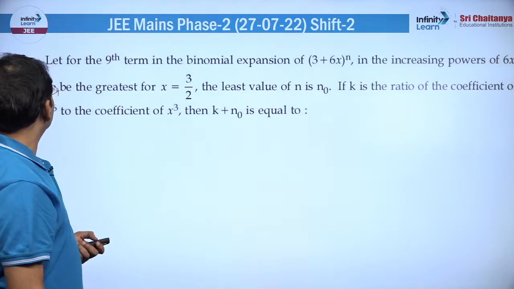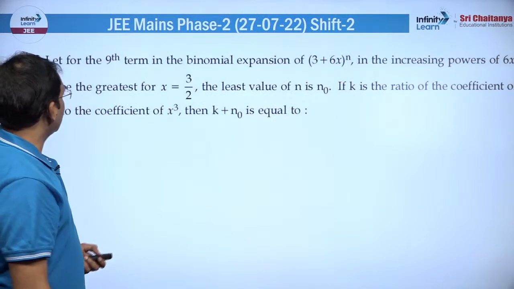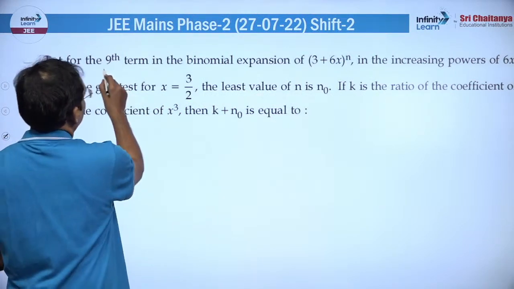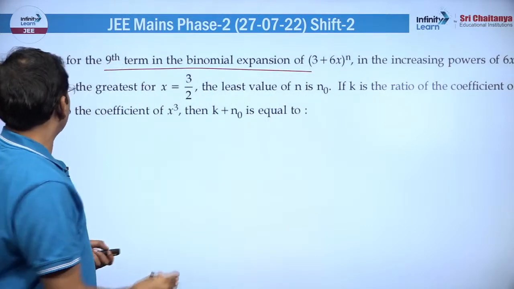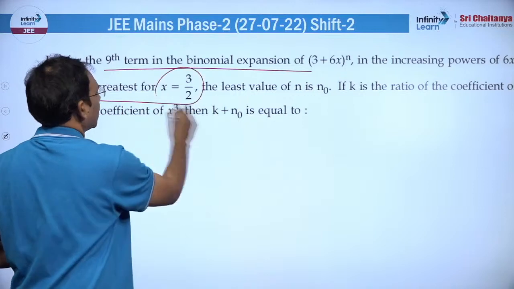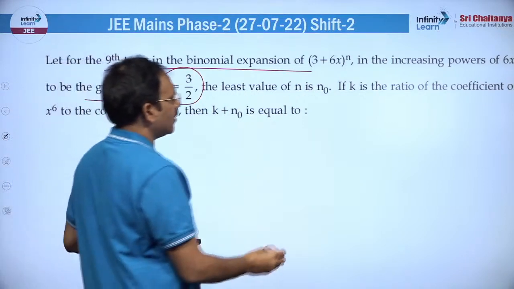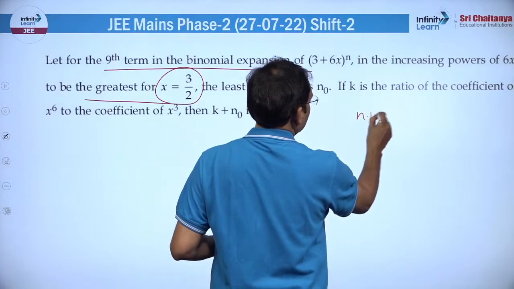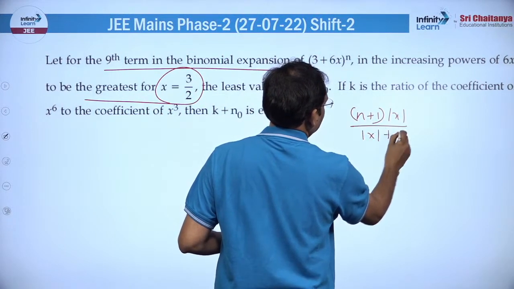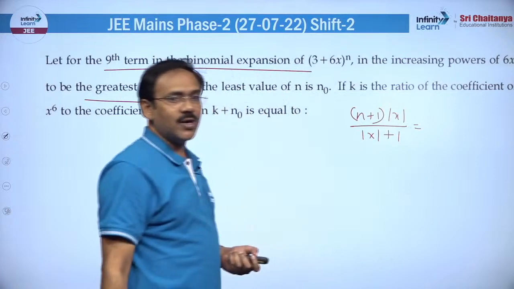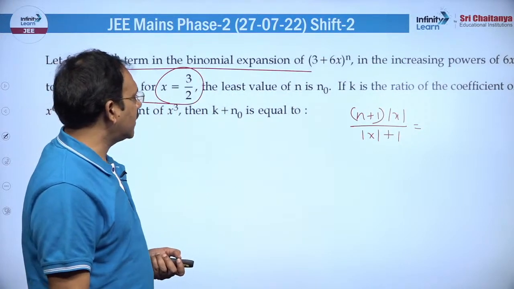Next, my dear friends, for the ninth term in the binomial expression in increasing powers of x, it is the numerically greatest term when x is 3 by 2. I think you know, my dear friends, numerically greatest term is (n plus 1) into mod x by (mod x plus 1). If it is 7 point something, T8 is the numerically greatest term.